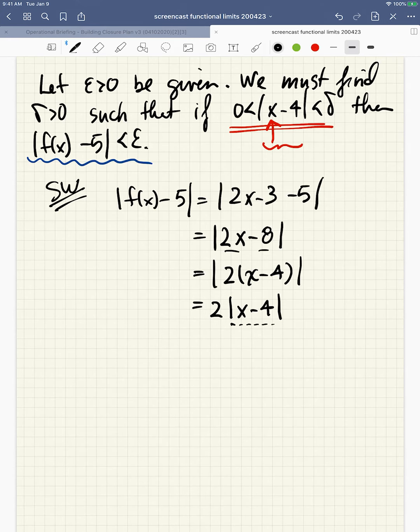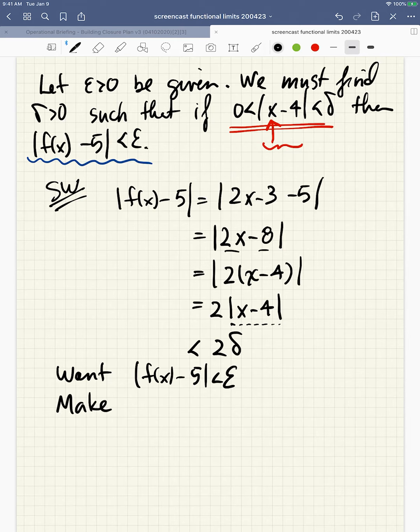So now I can make that as small as I want, right? I can make this smaller than delta. But we want absolute f of x minus 5 less than epsilon. So let's make 2 delta less than epsilon. What does that mean we have to do with delta? Well, delta needs to be less than epsilon over 2.